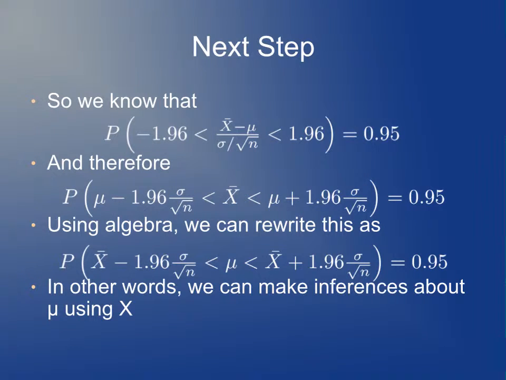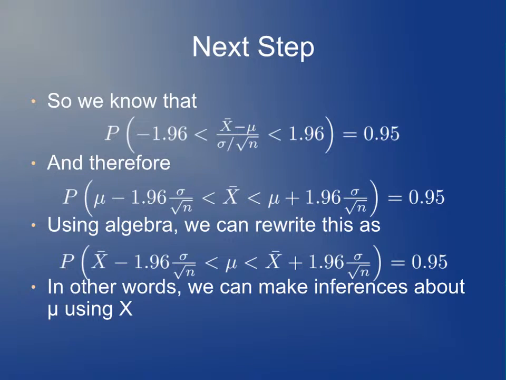So based on the equation in the previous slide, we know that the probability that x bar minus mu over sigma over square root of n is between minus 1.96 and 1.96 is 0.95.